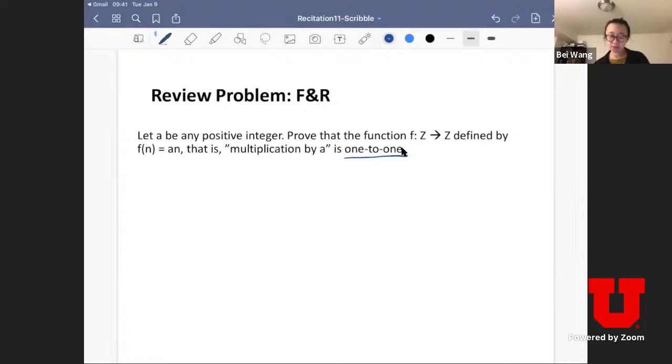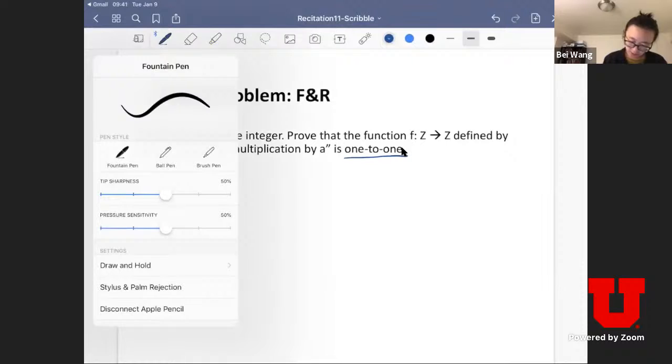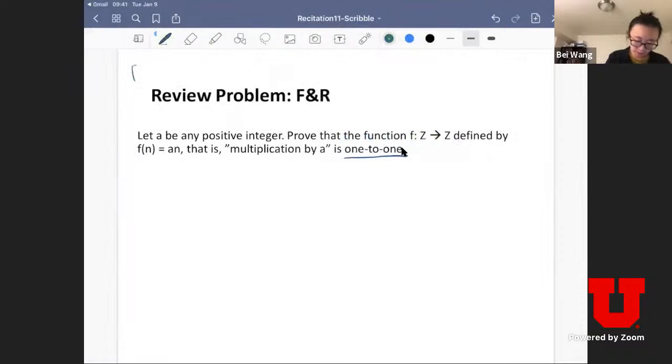Okay, so here is a quick recall. How do I prove a function from A to B is one-to-one?